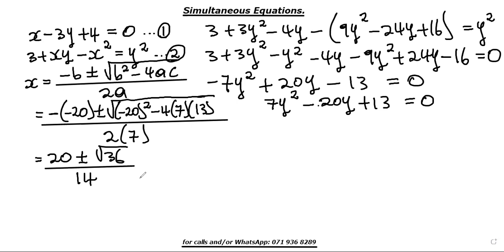Then if we say the square root of 36, it's going to be 6. So we have 20 plus or minus 6, which is divided by 14. Then it's time for us to separate our solutions.